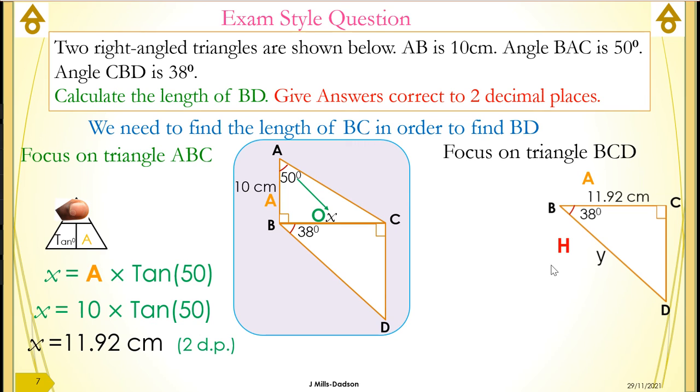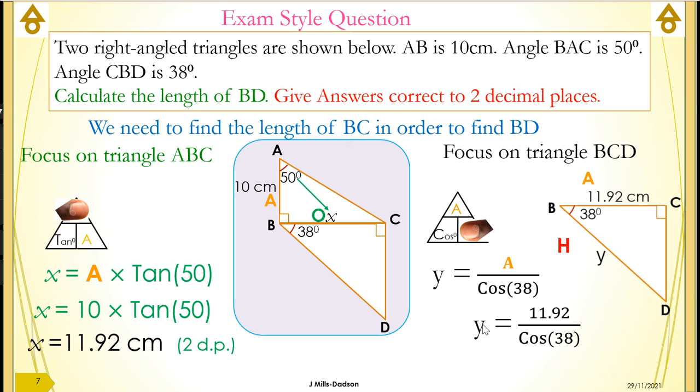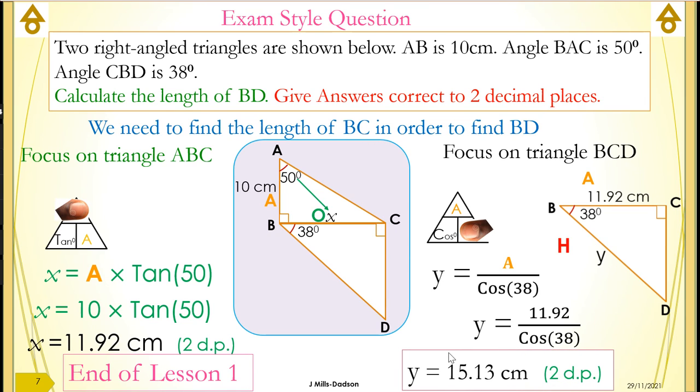And that's the adjacent. So we need cosine. We are looking for y, so we cover h. That means y is equal to the adjacent divided by cosine of 38. And a is 11.92, divided by cosine of 38. Use the fraction button to do this so that you don't make a mistake. So that is 15.13 cm.